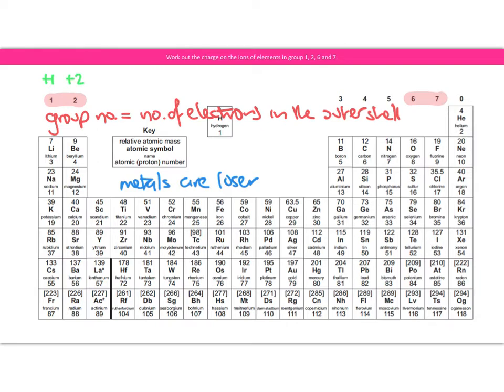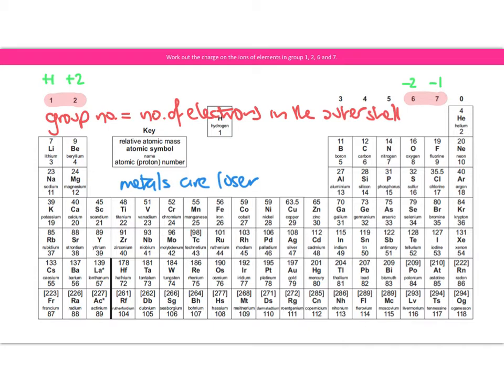Then when we get to groups 6 and 7, they've got 6 electrons and 7 electrons on the outer shell. A full outer shell is 8 electrons, so group 6 is going to have to gain 2 electrons, which makes it a -2 charge overall, and group 7 is going to have to gain 1 electron, which makes it a -1 charge overall. So if you're looking at an ionic compound, anything in group 1 has a +1 charge.